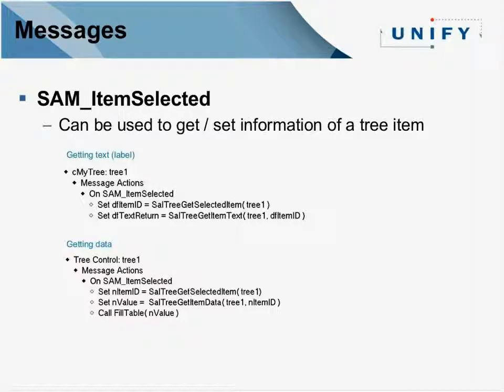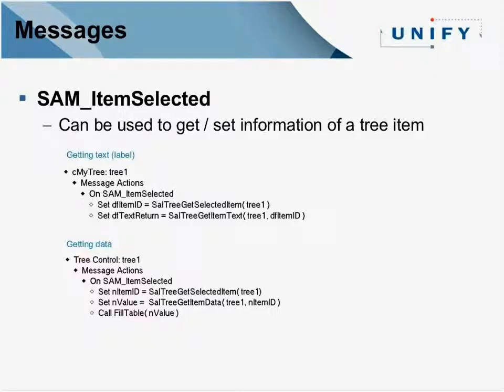If I click on an item inside the tree, I get back the item ID of this tree item. In this case, I write it into a text box. It's a number. Based on this number, I can get with tree get item text the text of this item back into a special variable, a string variable.